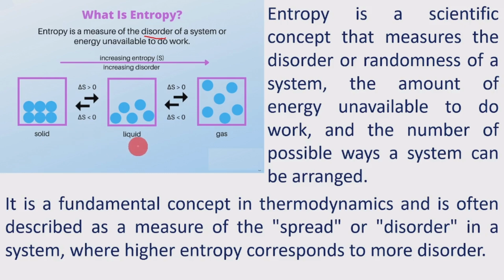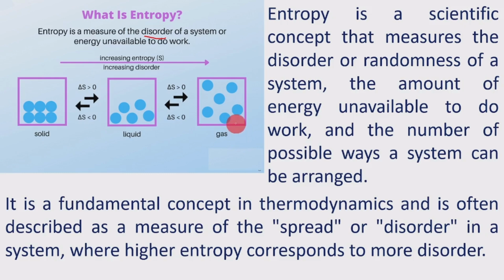If that solid is converted into liquid by phase change, then the molecules will have random movement and the disorderness will be more, thereby the entropy increases. And further, if the liquid is converted into the gaseous phase, that is vapor, then again the molecules will move in a random way, away from each other, and the disorderness of those molecules increases.